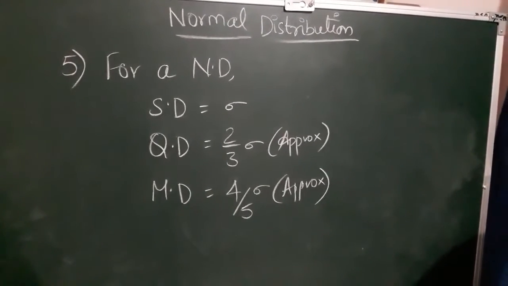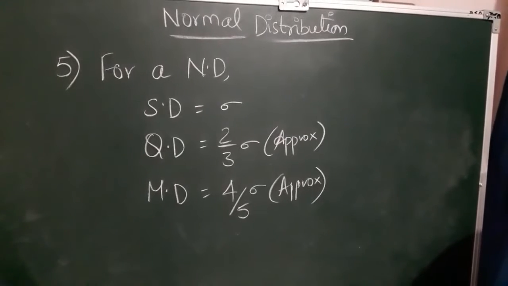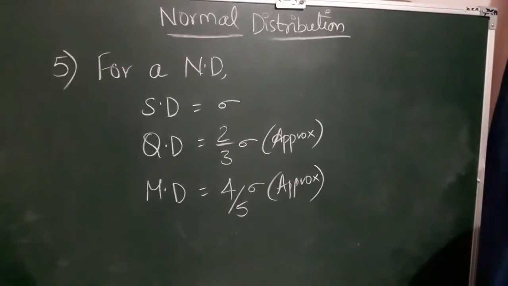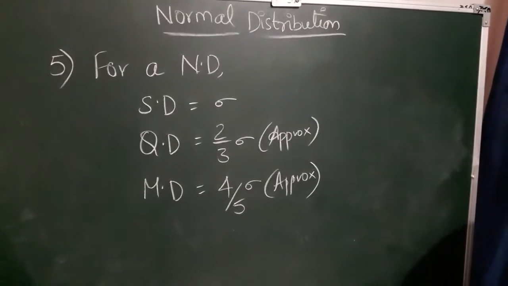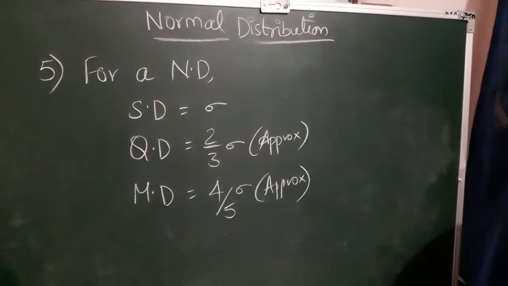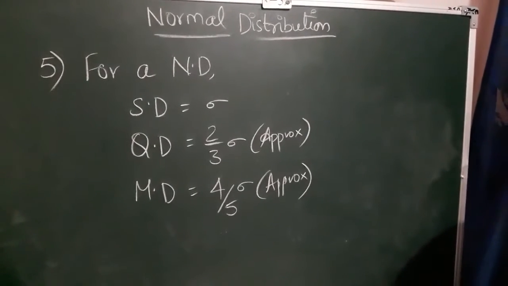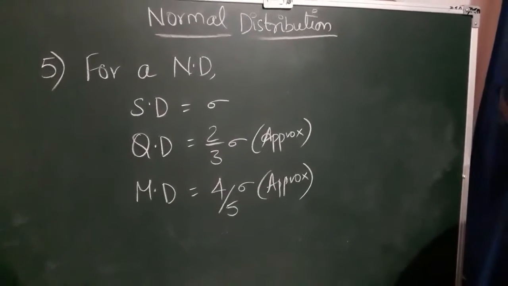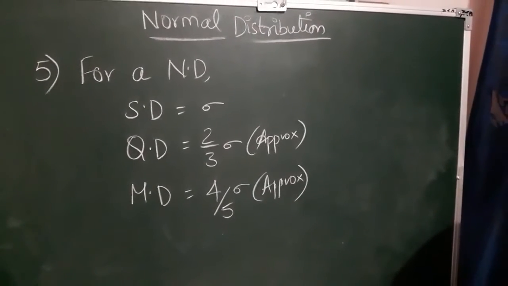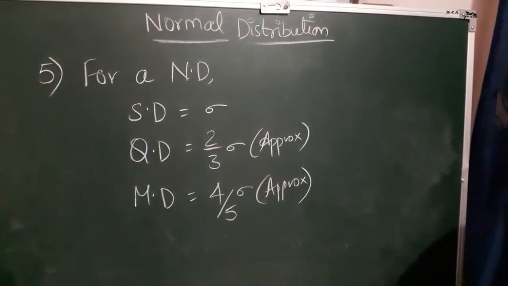How much they are equidistant from one quartile to another quartile in a normal curve. The area here I have taken, see, S.D. standard deviation is sigma, quartile deviation 2 by 3 sigma approximately. In a normal curve, the deviation between the quartiles approximately must be 2 by 3 sigma. Remember this.